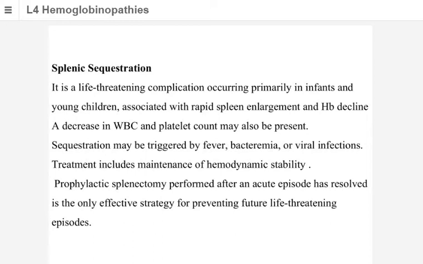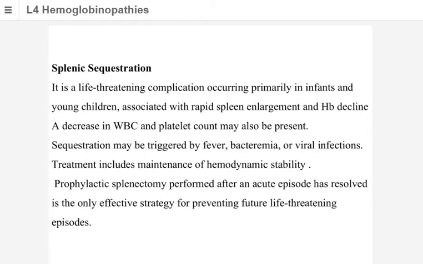When you suspect splenic sequestration, as you know, a sickle cell patient has a small spleen, but if all of a sudden he develops a shock-like state with excessive enlargement of the spleen, then this is splenic sequestration crisis.